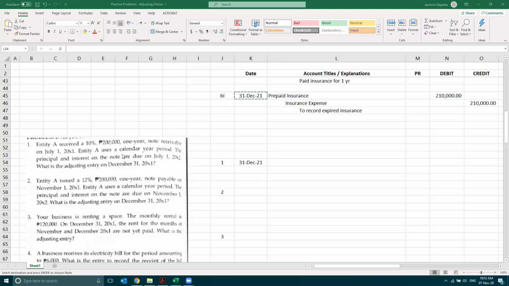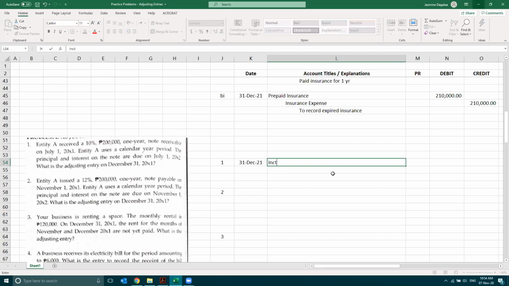Interest receivable. When you have a note payable or a note receivable, you will be incurring or earning interest. So you recognize interest income. Debit interest receivable, credit interest income. How much?